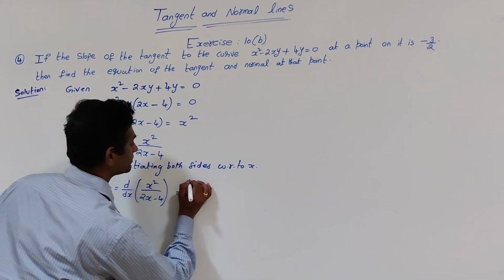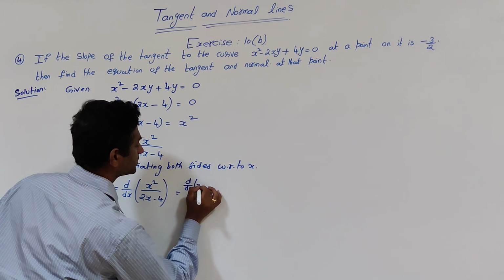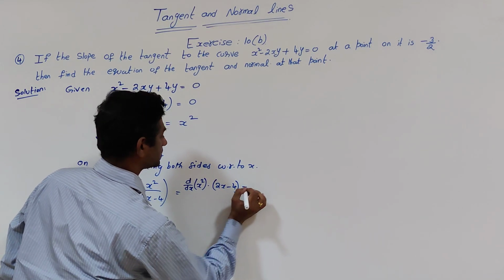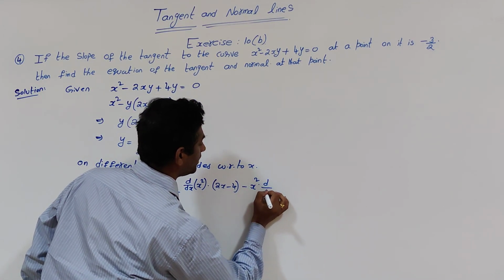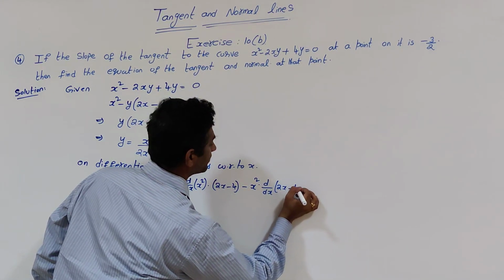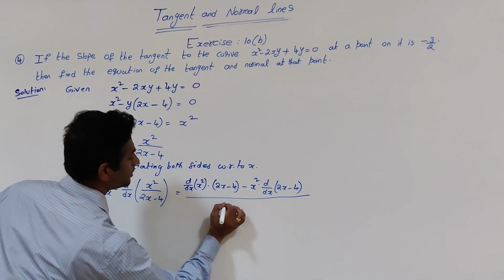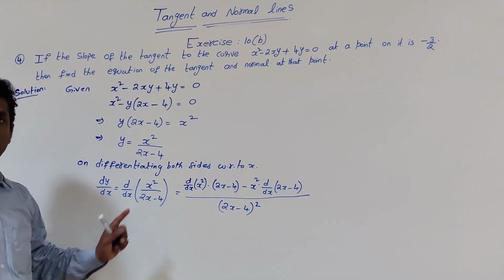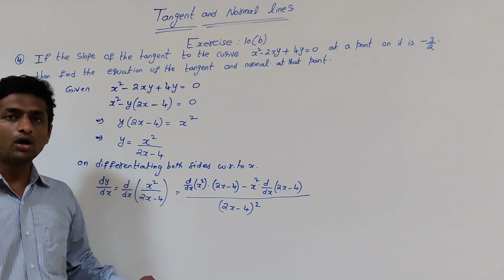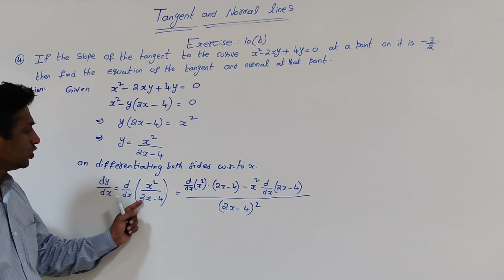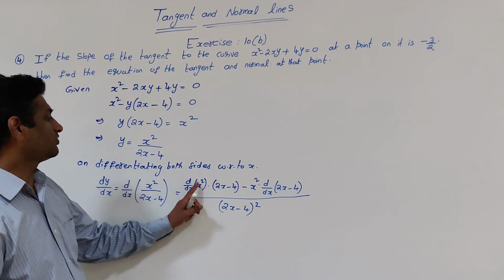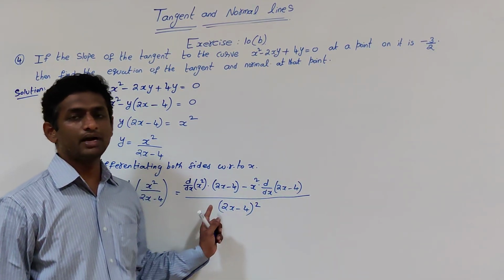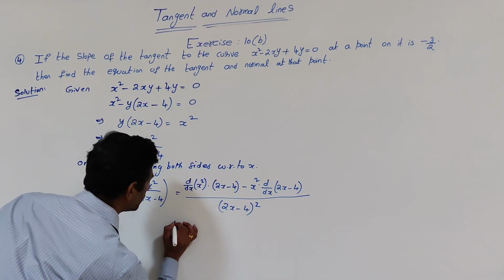The quotient rule: d by dx of u by v is equal to derivative of the first function into the second function minus first function into derivative of the second function, by second function whole square, where u is x square, the first function, and v is 2x minus 4, the second function.